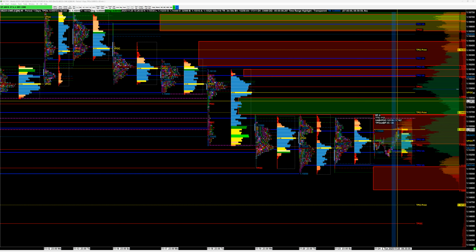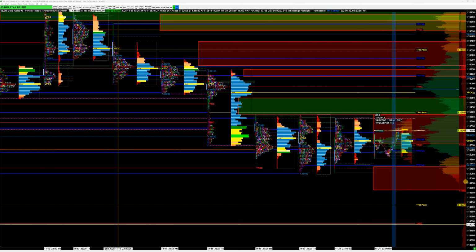And the cumulative delta: are we going up with a negative delta, or positive delta? It's all contextual, of course, but that's the sort of thing you want to look at.